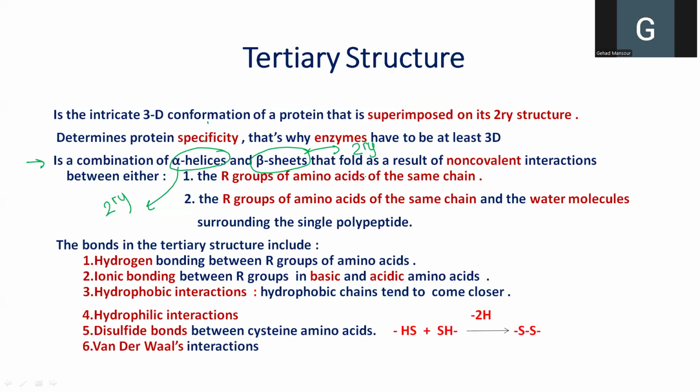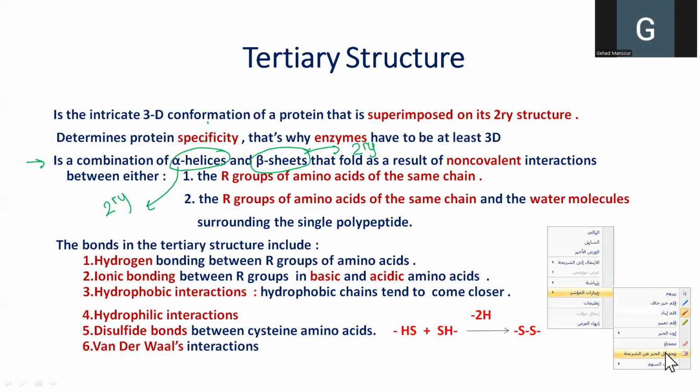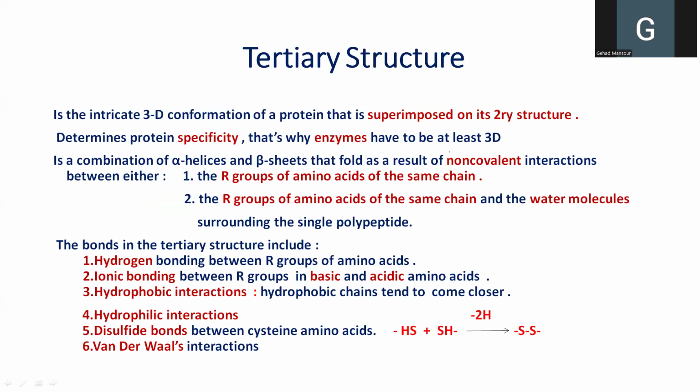Of course, as we said before, in order to convert secondary into tertiary, you have to make new bonds. But what is important to know is that these new bonds are non-covalent bonds. And these non-covalent bonds will be between the R groups only. So they are between the R groups of amino acids of the same chain, or the R groups of amino acids of the same chain and the water molecule around the chain.